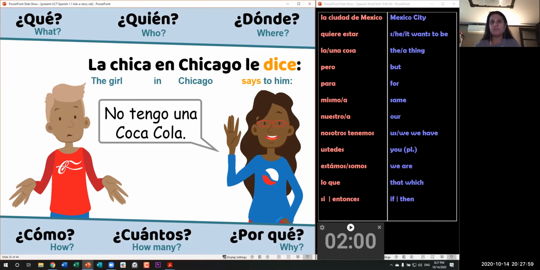Hay un chico en el 7-Eleven. ¿Y por qué vas al 7-Eleven? Voy al 7-Eleven porque yo quiero un iglú. Sí, correcto. Vas al 7-Eleven porque quieres un iglú.